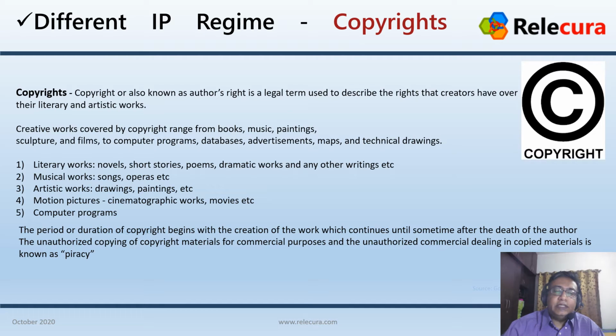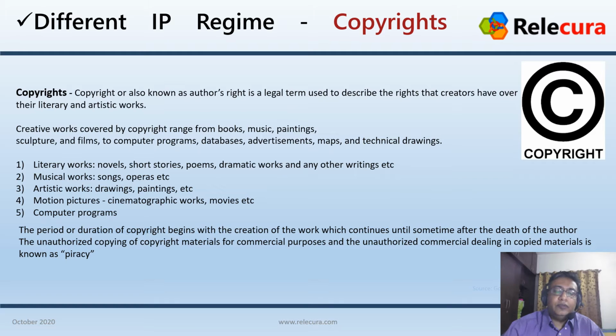Now, if we see the different types of copyright works, you can see here literary works which involve novels, short stories, poems, dramatic work, and any other writing aspects. Under musical works, songs, music.